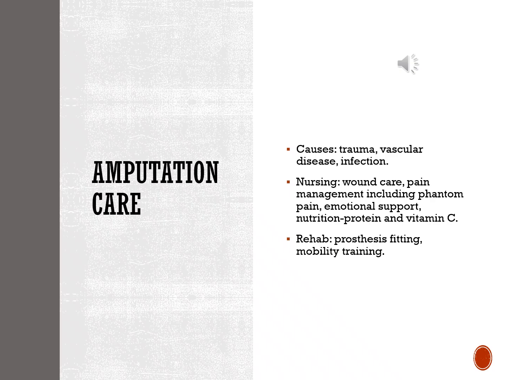So it helps keep it straightened out. We also want the patient to focus on things like nutrition, so high protein to help with wound healing and increasing vitamin C. As I said, it helps with collagen synthesis and can help promote healing of the wounds and get that limb healed up for our prosthetic.